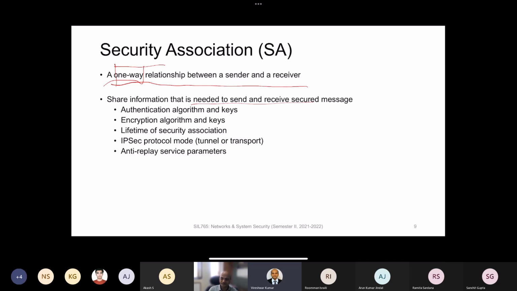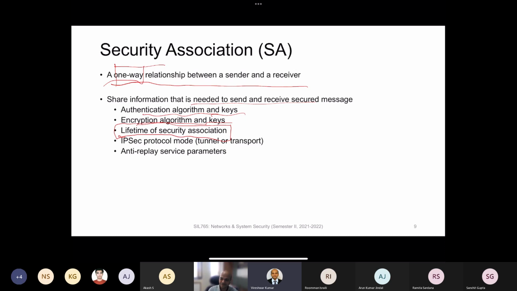The different authentication algorithms that could be utilized and the corresponding keys, the encryption algorithm and the keys, and the lifetime of the security association. This is something new: the security association cannot last for infinite time.